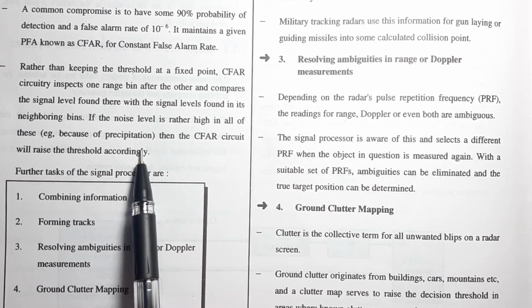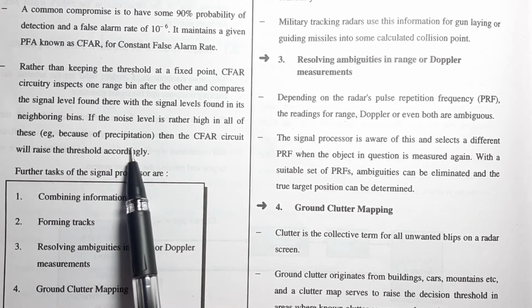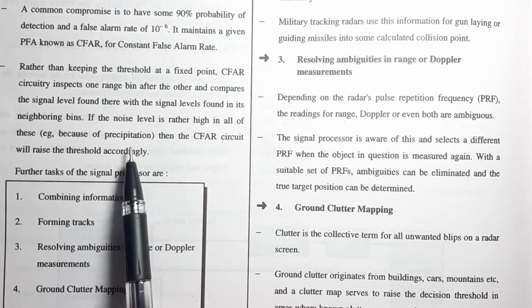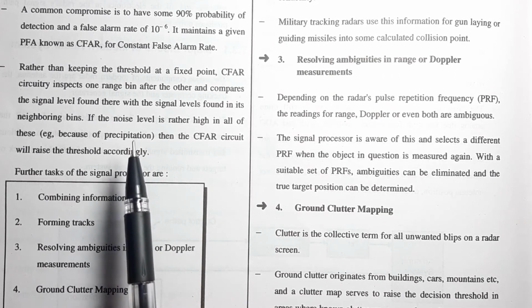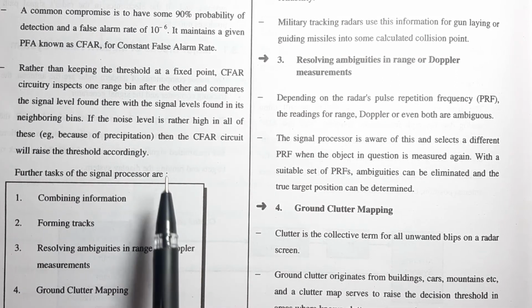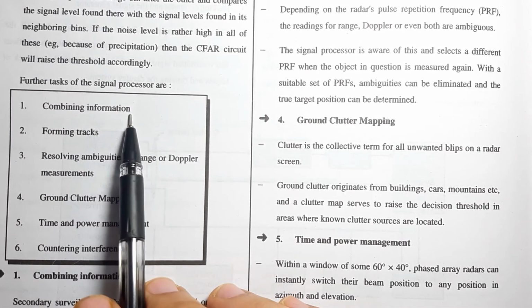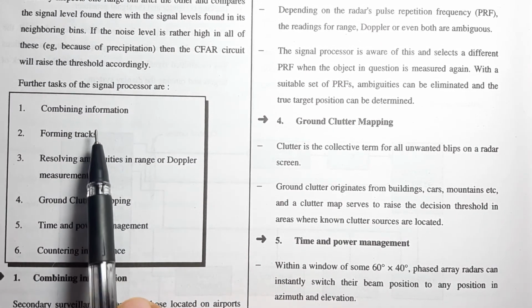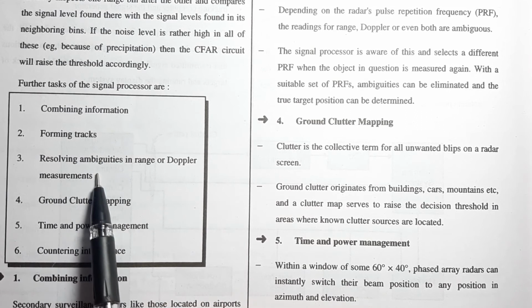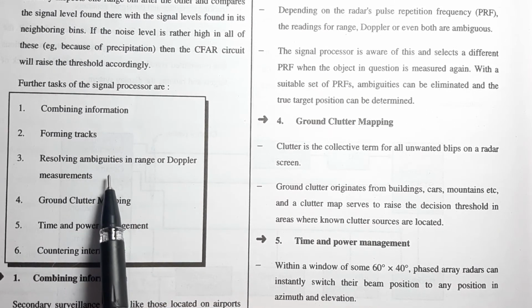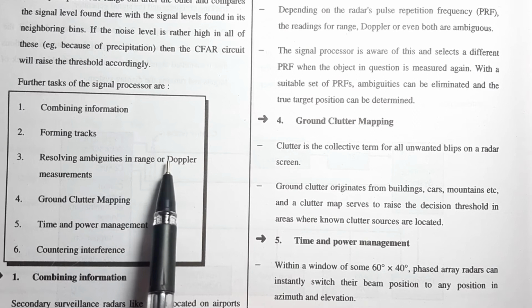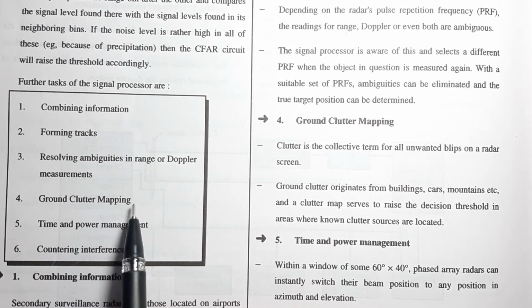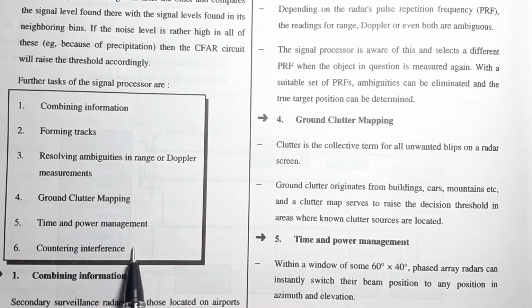So it is a dynamic device which performs threshold setting. Further tasks of the signal processor are combining information, forming tracks, resolving ambiguities in the range or Doppler measurements, ground clutter mapping, time and power management, and countering interference.